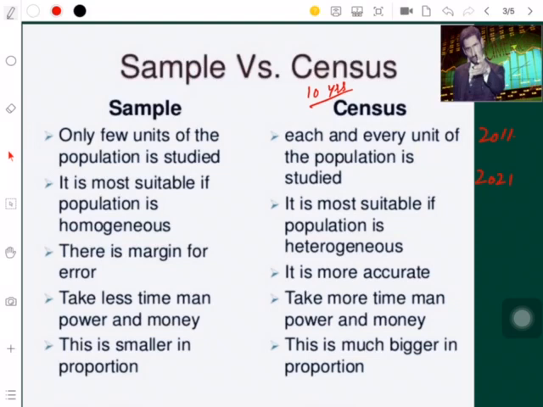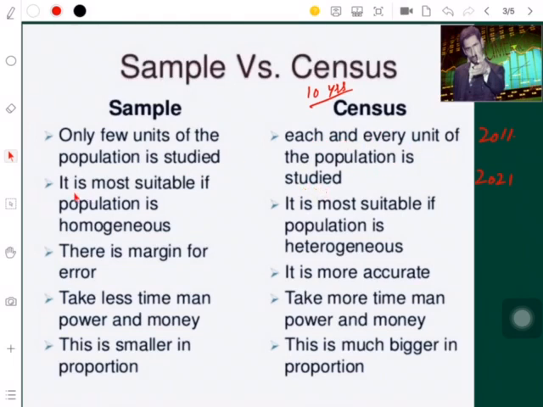So let us say sample versus census. It will explain the meaning, the difference, and everything you need to know about it. Under the sampling method, only a few units of the population are studied, while in census each and every unit of the population is studied.